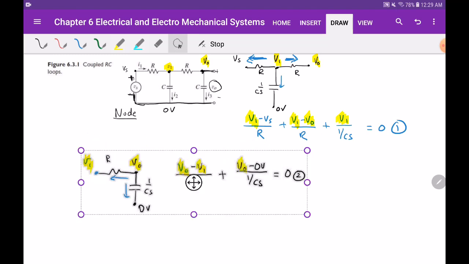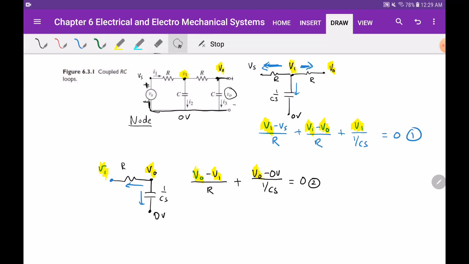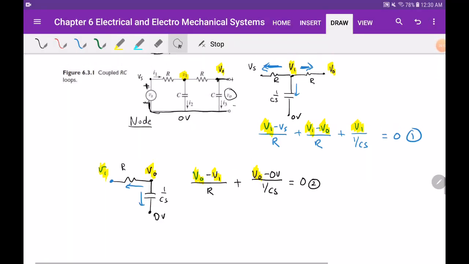Let me pause. While I was pausing the video, I just realized something. For equation 1, there's another expression. I can do (V1 minus Vs) divided by R, plus, so that's the current to the left. And for this one, instead of stopping at V0, I can go all the way through the 1 over CS to 0 volts.